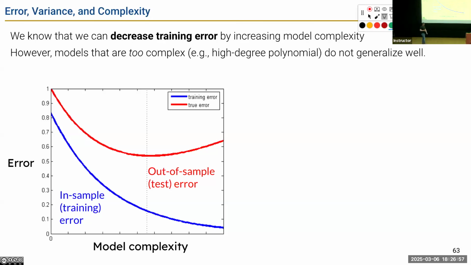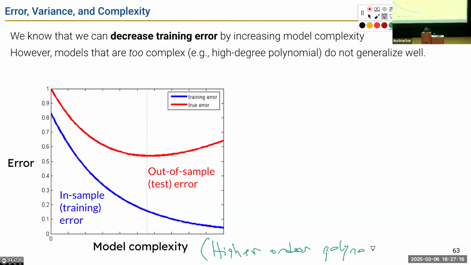And so this is the diagram you kind of want to go home with for overfitting. So what are we looking at here? This is a general summary of what we've seen so far. On the x-axis, we have the model complexity, which for the purposes of today's lecture, you can just think of as higher order polynomials. As we increase the number of polynomial terms, we can send our training error all the way to 0, right?